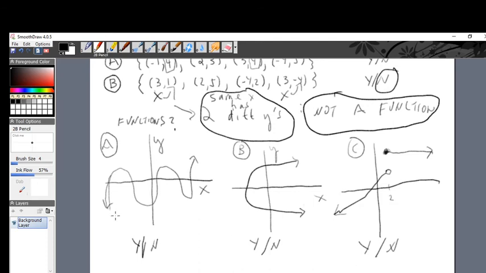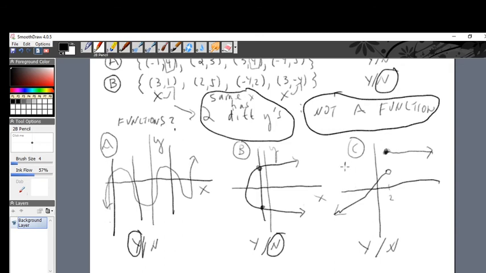So the vertical line test, if you can put a vertical line which is parallel to the y-axis through any place on the function, and it never hits two spots, then you say, yes, it is a function. But if you do the vertical line test and it hits two spots over here and over here, then if you choose no, it can't be a function.